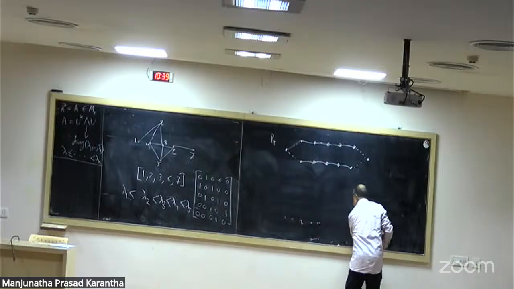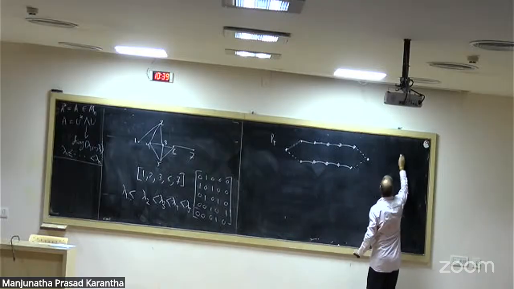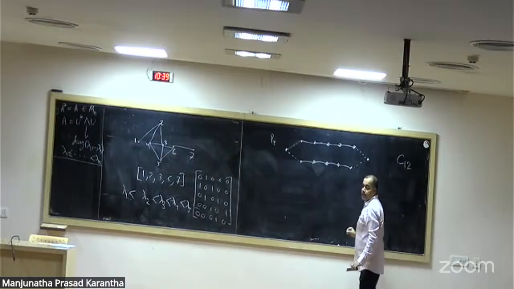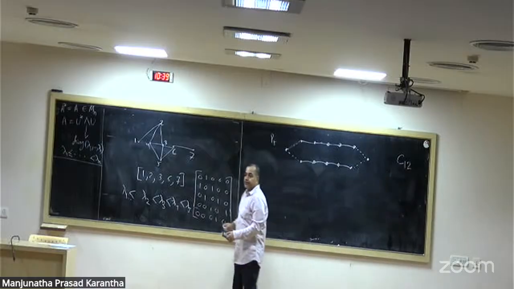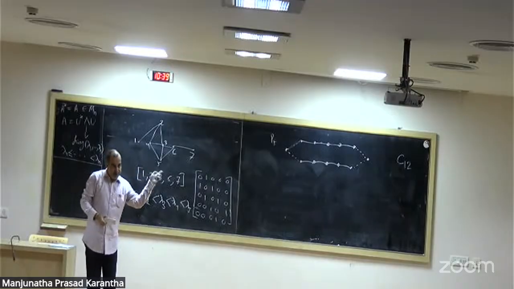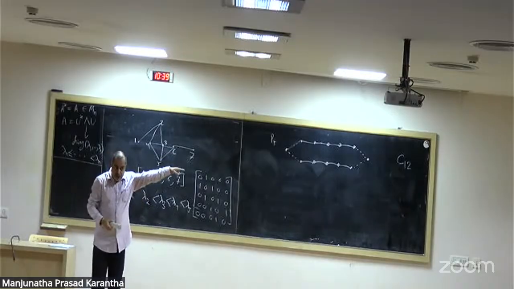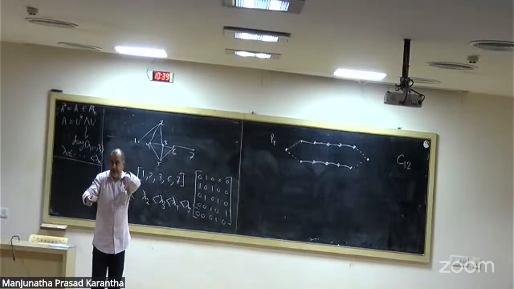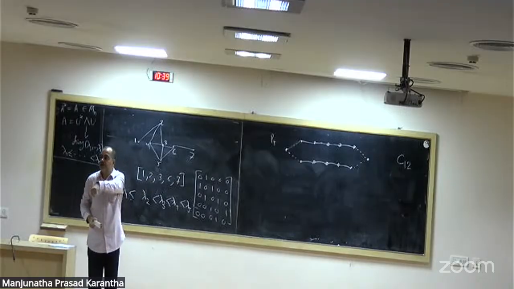So then I have the sequence. I took 2 copies of P5, introduced 2 new vertices and put the joint. I have created the sequence. What are the eigenvalues of the sequence?